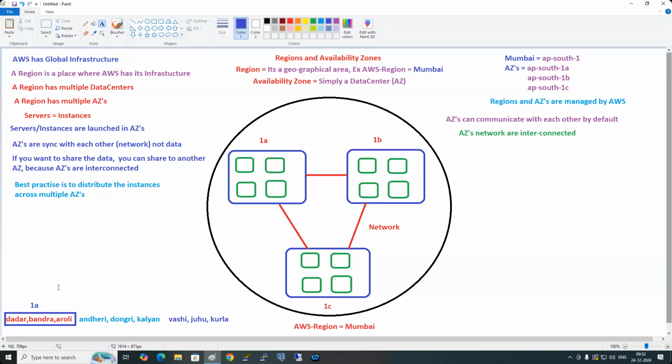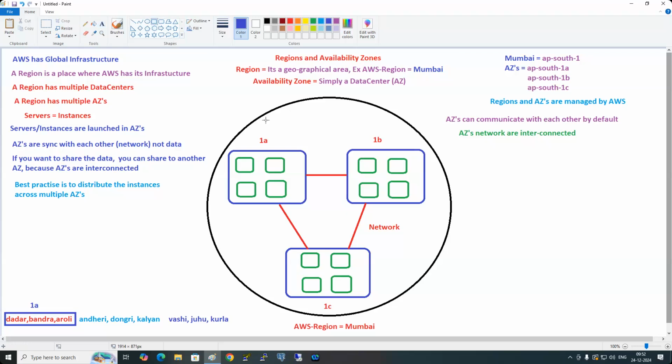So there is no harm launching your EC2 instances all in 1A, but it's not good. But just in case, God forbid, a natural disaster happens where AWS data centers are in Mumbai, then we have the problem or not? Even if disasters happen, AWS is taking care of the backup also. So for that reason, the 1A availability zone will never go down. It's a very, very, very less chance.